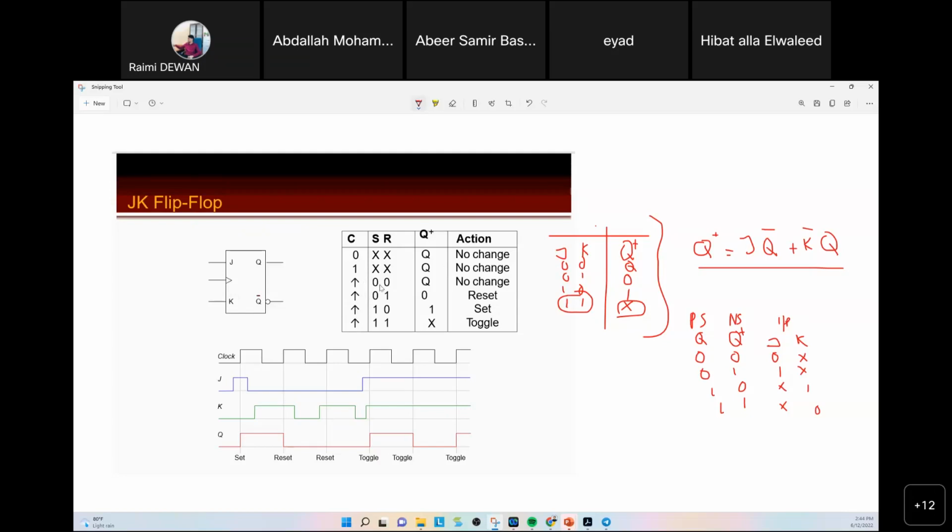So let's say for 0, 0, we will have no change at the rising edge.